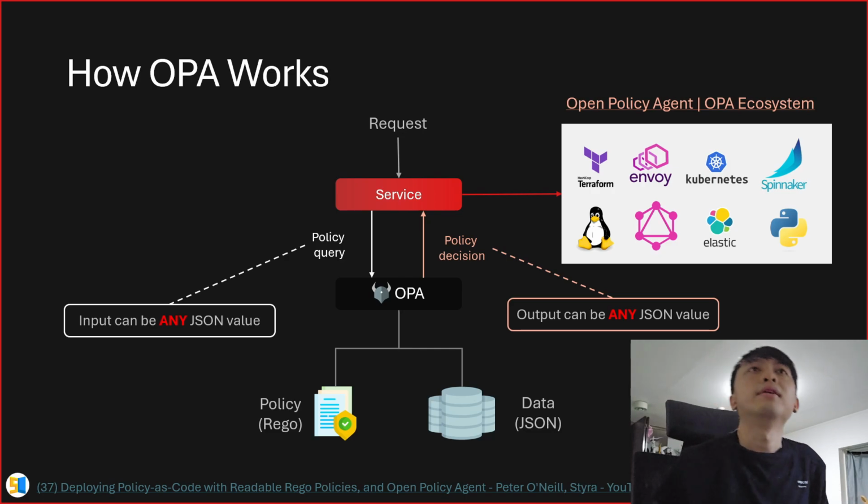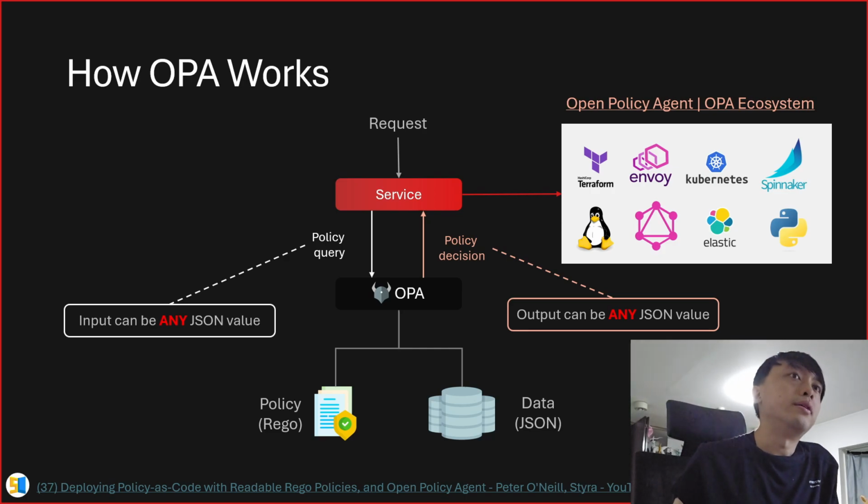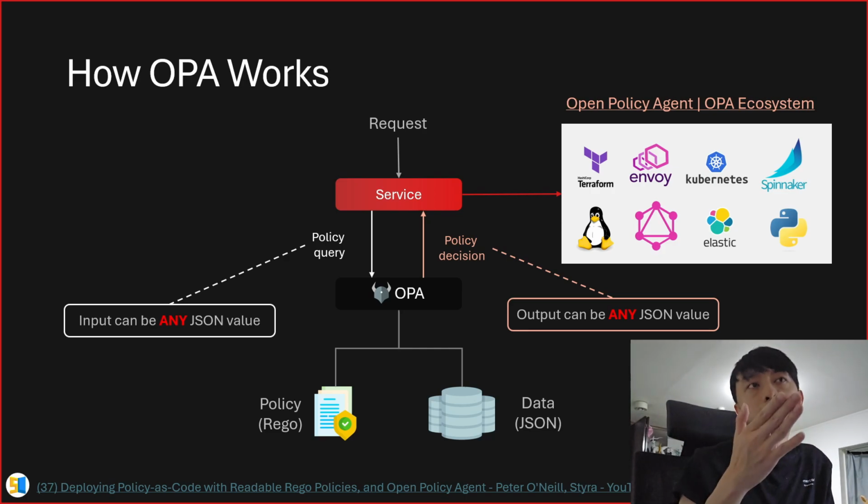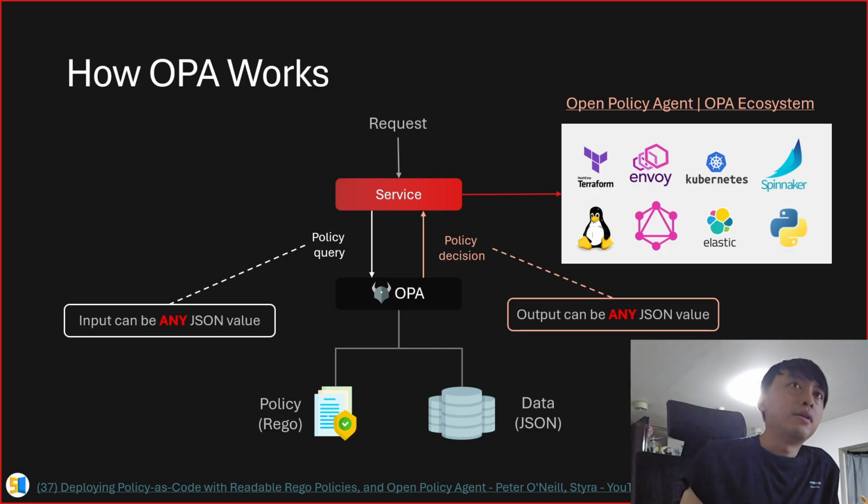In Linux, we can protect some sudo usage in the operating system. It also works with GraphQL, Elasticsearch, and using Python, Go and any other language. So the ecosystem of OPA is actually big. Please feel free to check their official documentation to explore more about OPA.